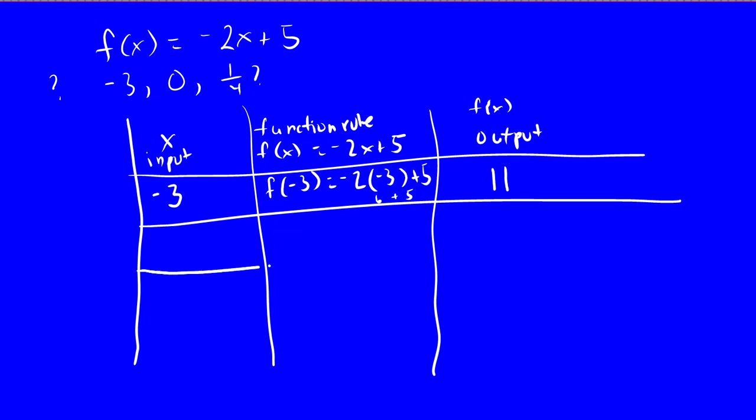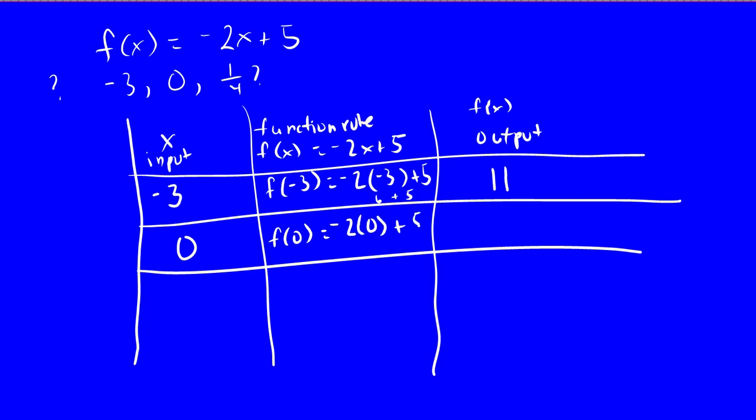All right? Next input value is 0. So f of 0 equal negative 2 times 0 plus 5. Negative 2 times 0 is 0 plus 5. So my output is, you guessed it, 5.